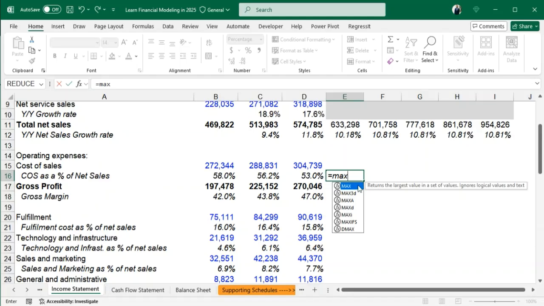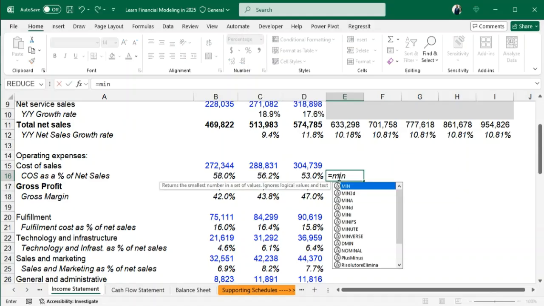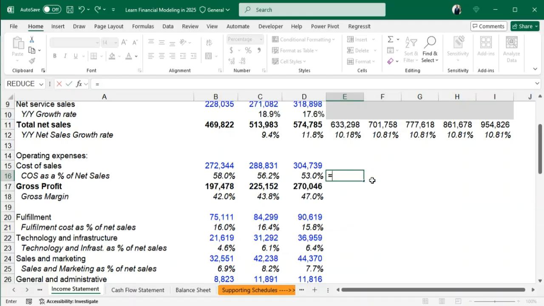Now, as you may rightly guess, the third method is to take the minimum percentage, for which we can use Excel's MIN function to return the smallest number in a set of values.